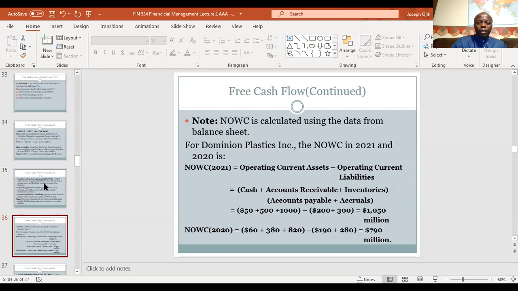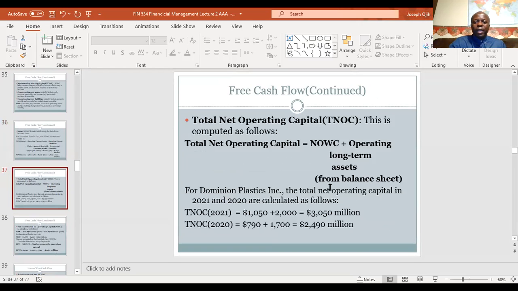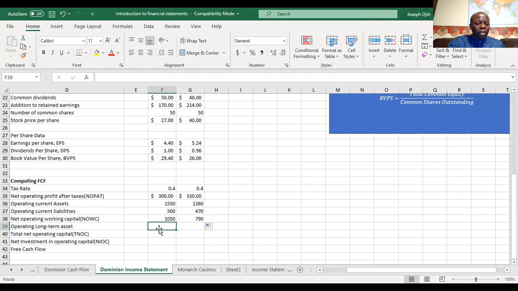For that, we use this formula: net operating working capital plus operating long-term assets. Now, the operating long-term assets for this company, you have to get it from the balance sheet. So I'm going to go there and get the operating long-term assets.